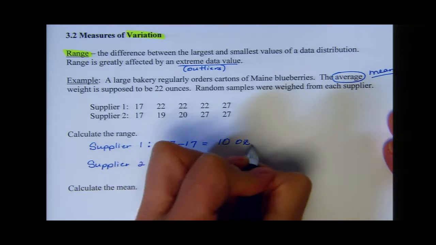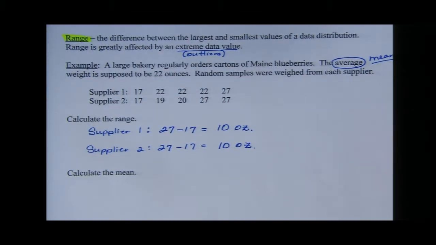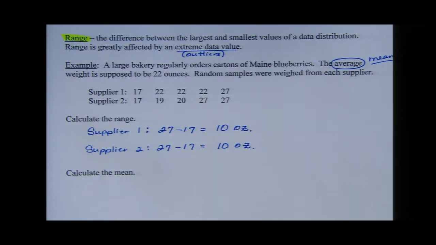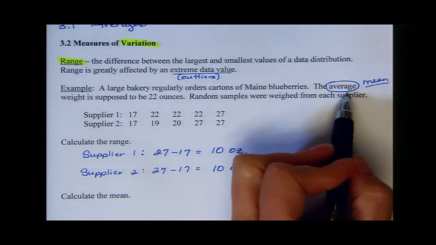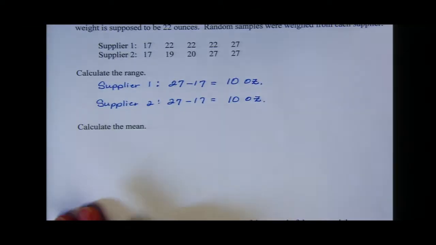So if you were comparing supplier 1 to supplier 2 and you only looked at the range, then you'd say, well, there's no difference between these two suppliers. All right, now it said that the average is supposed to be 22 ounces. Well, let's see if it actually is.